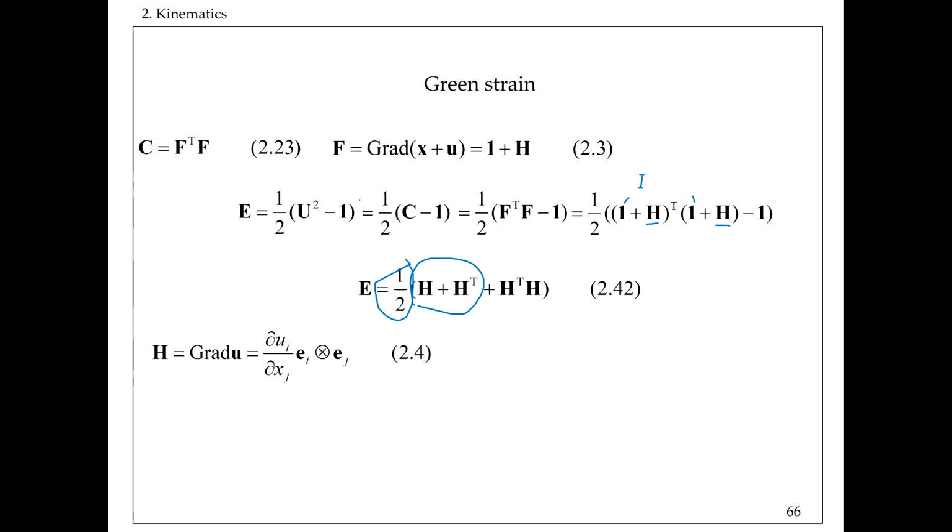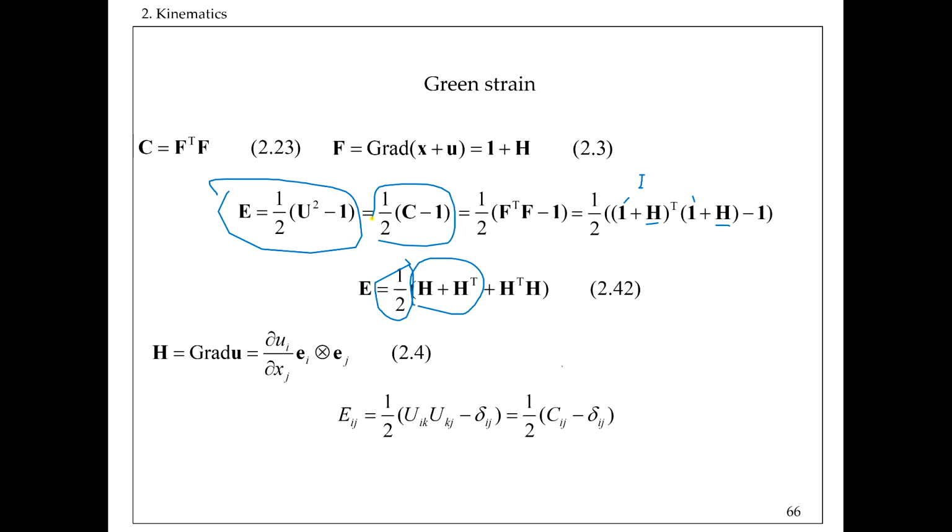If we write it back in our definition like this, then in index notation E_ij will be, half is still here, so we have u_ik, u_kj, or in other notation it can be written like here. This is just half of C_ij minus delta_ij.